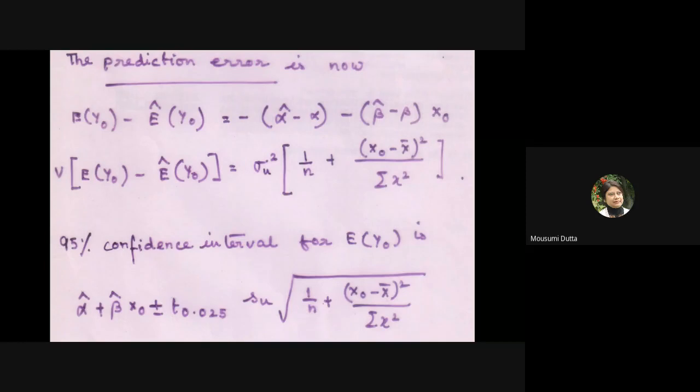alpha hat plus beta hat x naught, plus minus t 0.025 with 8 degrees of freedom, times s into root over 1 by n plus (x naught minus x bar) whole square divided by summation Xi square minus n x bar square.